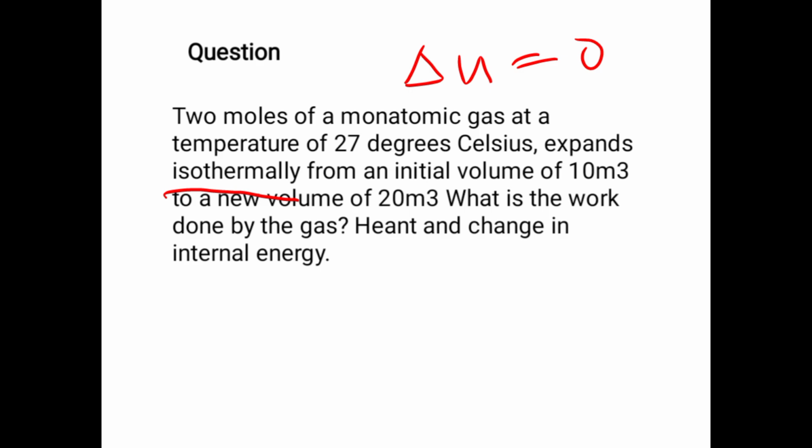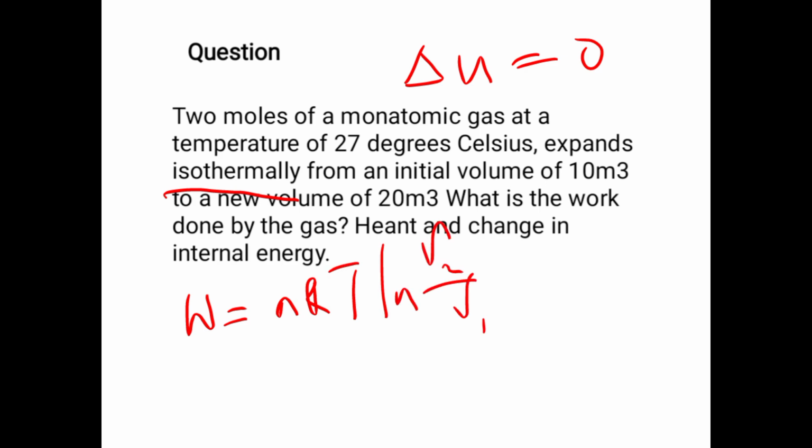Then concerning the work, we know that the work done for an isothermal condition is nRT ln V2 over V1. Now, n is 2 moles, we are given 2 moles of gas, so 2. R here represents the gas constant, which is 8.314. Then multiplied by the temperature, which is 27 degrees Celsius.